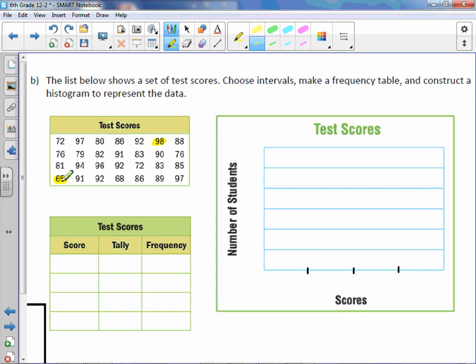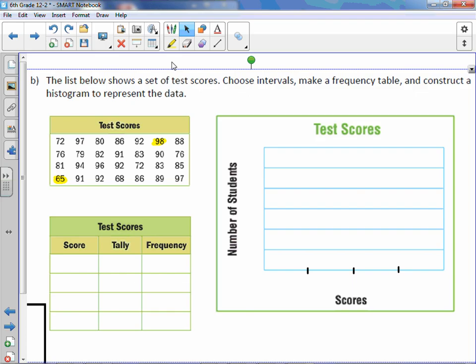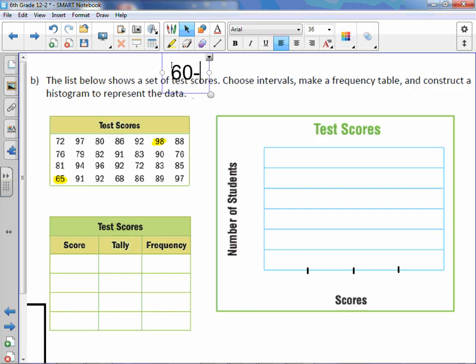If I counted by 5s, I only have 4 boxes here. If I counted by 5, 65, 70, 75, 80, that wouldn't be enough. If we count by 10, starting with 60, 60, 70, 80, 90, 100, that would be enough. Now our intervals, when we start to write them here, the first interval would be 60 to 69.